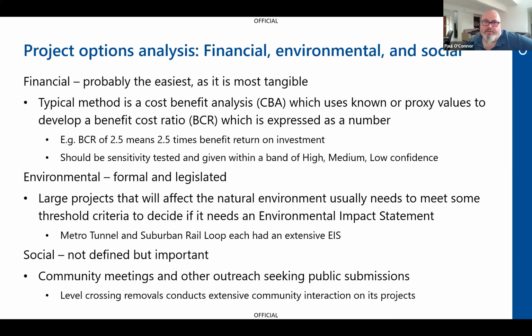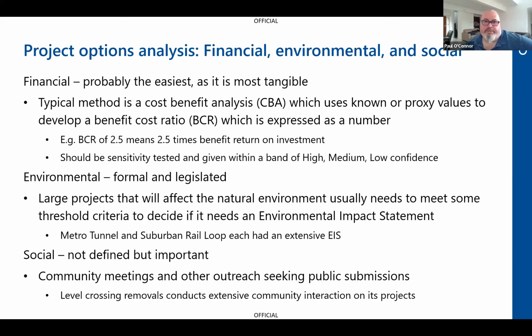And I've seen a lot of large projects do a really good job on this. I know for the Metro Tunnel and the Suburban Rail Loop and even Westgate Tunnel, they did quite substantial pieces of work around their environmental impact statement. Literally millions of dollars spent on specialised consultants and thousands of pages and hundreds of hours of hearings and panel meetings with specialists.